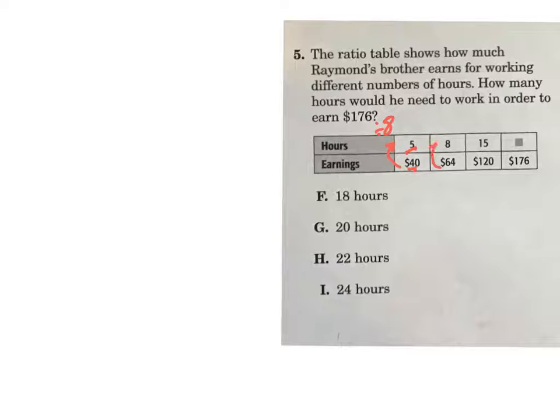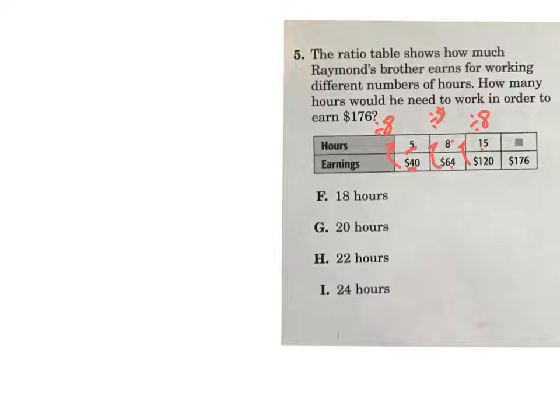Now, does that work for this one? 64 divided by 8 is 8. Okay, so that one's also divided by 8. 120 divided by 8 equals 15. Oh, that one also divided by 8.